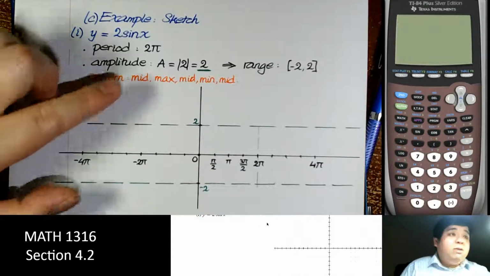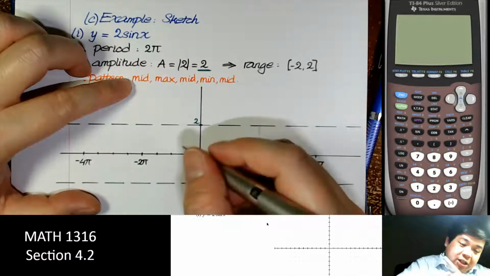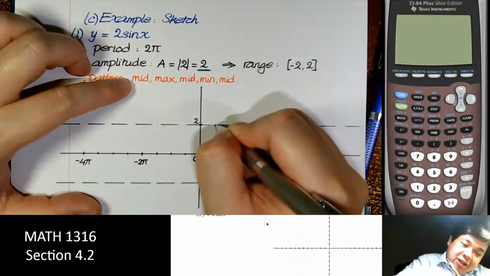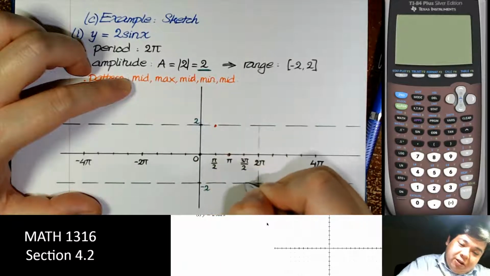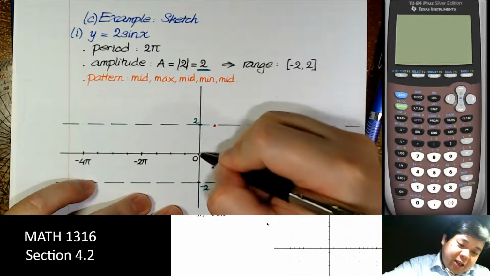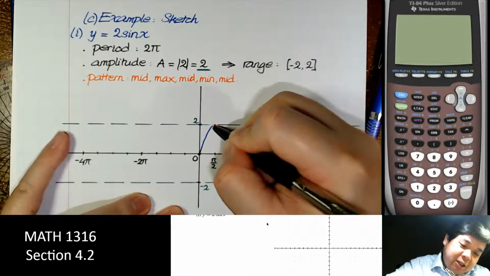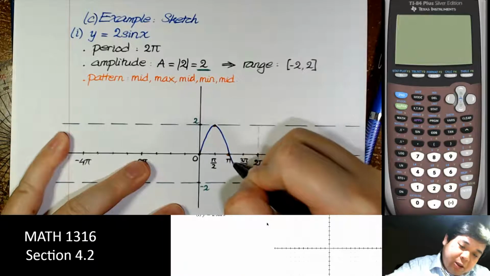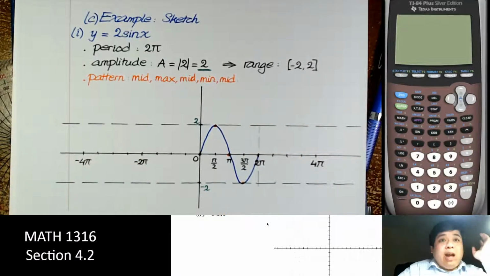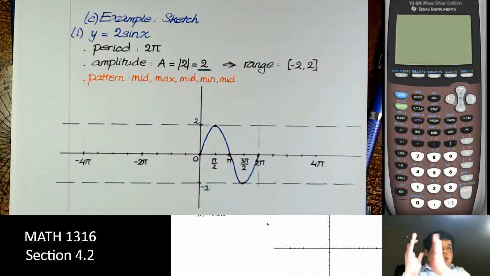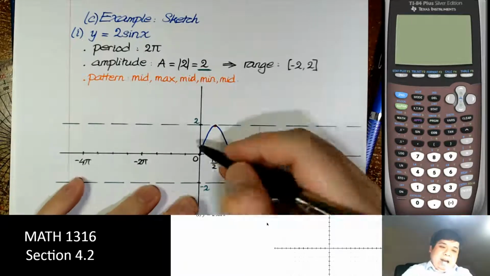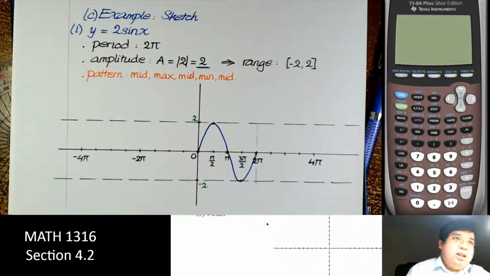Right, so finally the pattern, we need to know that: middle, max, middle, min, back to the middle. So the graph of 2 sin x, it's not that bad, right? The period cut down to 4 segments, the amplitude, the top and the bottom, and then we have to know the pattern here.